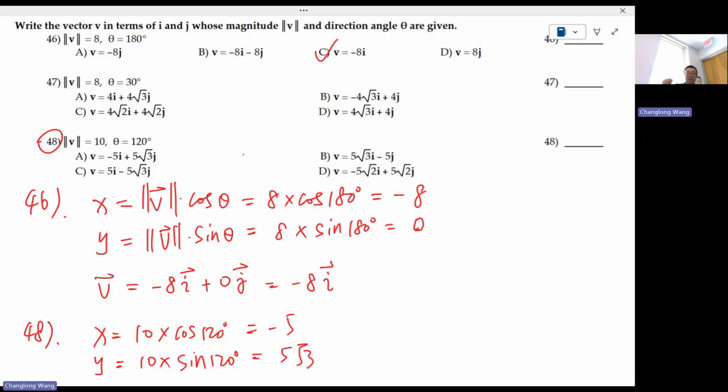All right, so go check your work. You compute the x and y the same way, right? Now, please, if you're getting negative from the calculator, because cosine 120 has to be negative, keep that negative sign. And the y, 5 radical 3, you can see that A matches what we got, right?